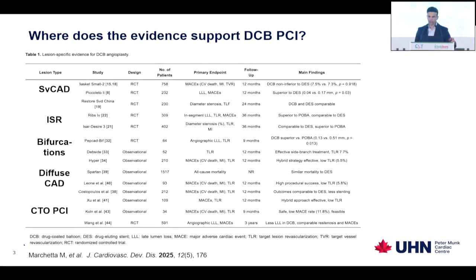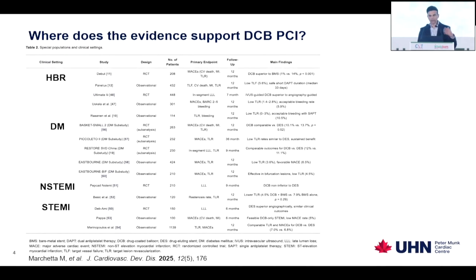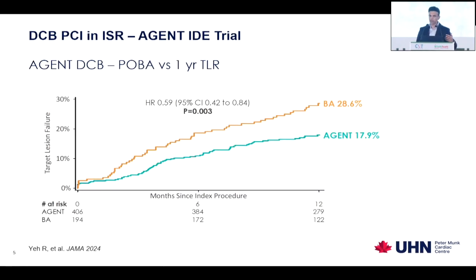And then a good deal with ISR, with ISAR-DESIRE 3, RIBS 4, and then of course the AGENT IDE study that came out recently, all of which are starting to suggest that in places where stents are known to fail early, so small vessels, very distal disease, repeated stent layers, a DCB is an appropriate alternative. But the question is, is it the right thing to do in everybody? We have some observational evidence in high bleeding risk patients, elderly people where you're trying to conserve DAPT, and then there are some people that are using it in ACS.